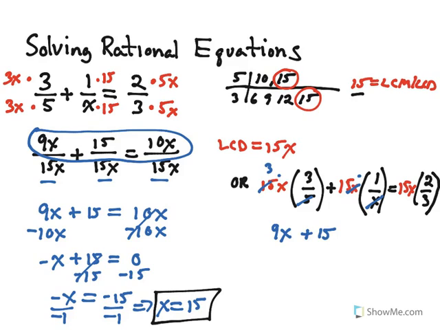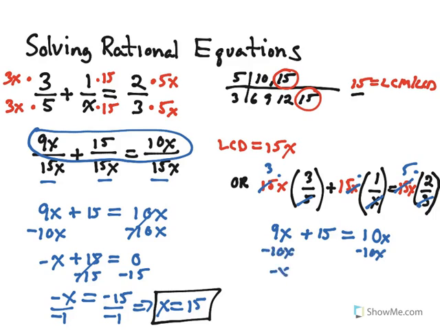Don't forget to put that plus here. Bring down your equal sign, and then 3 cancels, because 3 goes into 3 once, 3 goes into 15 5 times, and then you have 5 times 2, which is 10. You notice that I get the same equation as I did over here. 9x plus 15 equals 10x. And when you solve the equation, you just do the same exact thing. That should be a 10x, by the way, sorry. Then you just solve the equation like we did.